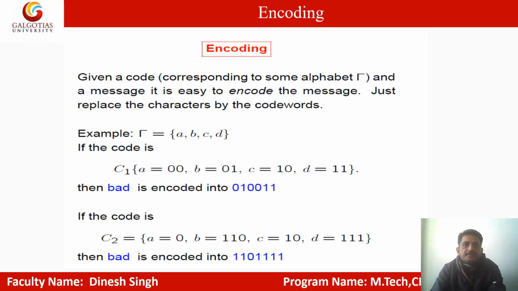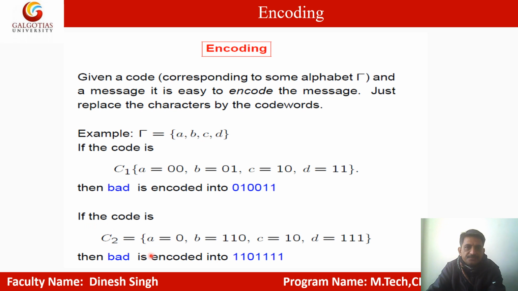Encoding. Given a code corresponding to any alphabet and a message, it is easy to encode the message. Just replace each character by its code word. For example, we have A, B, C, D. Suppose we are in code C1 where A is represented by 00, B 01, C 10 and D 11, then BAD is encoded into B 01, A 00 and D 11.